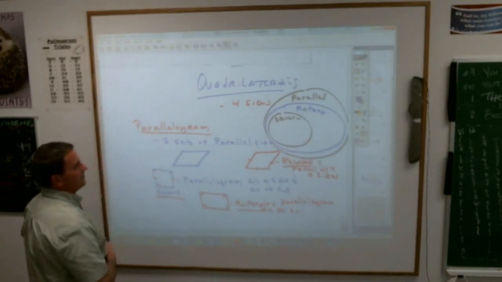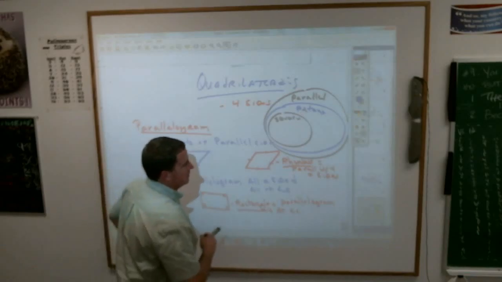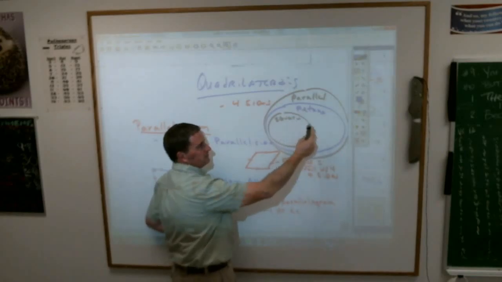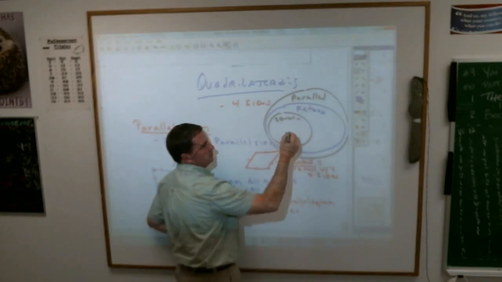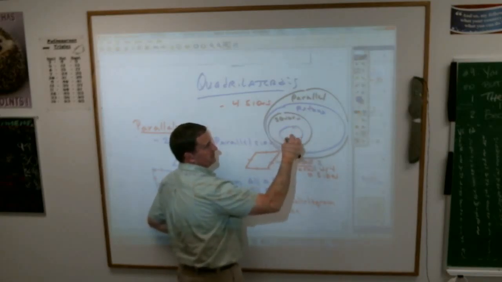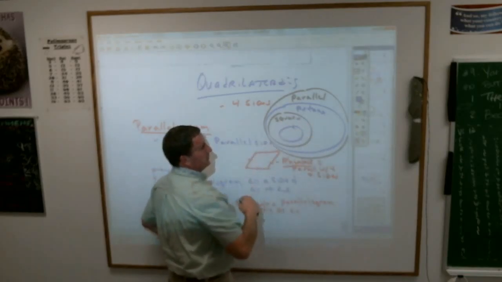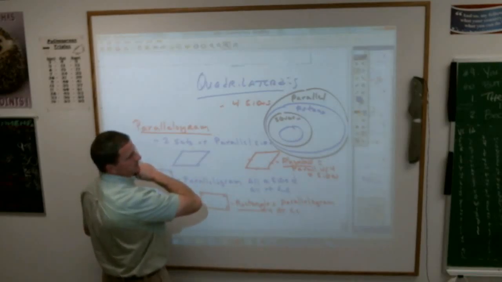What about rhombuses? Could I show rhombuses there? Is a square a rhombus? Yes. But are all rhombuses rectangles? So you couldn't really do it with this, because if you put a rhombus in here, that would say it's also a square. I think I drew my rectangle and squares a little too big.